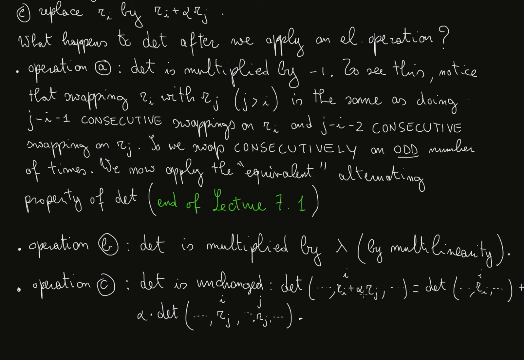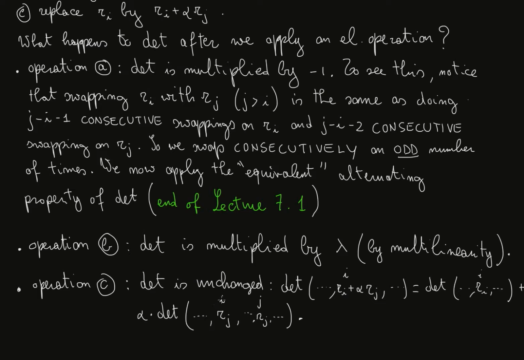But the multilinearity of the determinant with respect to multiplication by scalars allows us to write the determinant of these n vectors as alpha times the determinant of all the remaining vectors we have here. But let's look more closely at what the remaining vectors are. We have i minus 1 vectors which never change in this process.